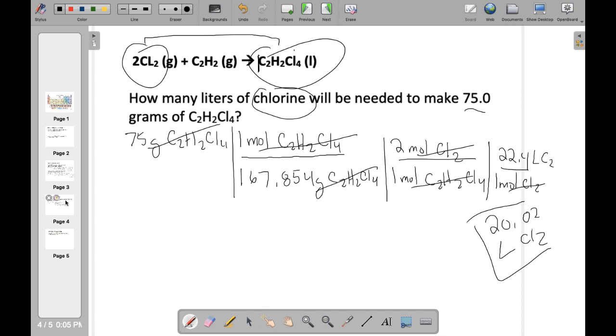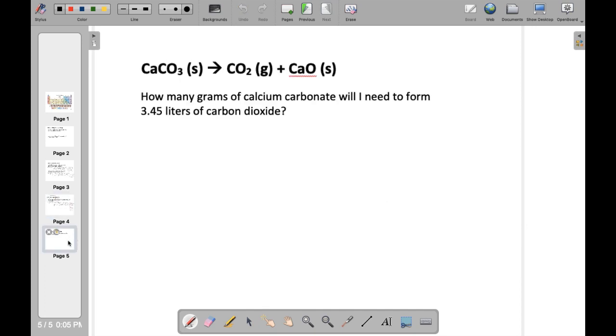Okay, last question. Yet again, they want to be tricksters. This is a solid, this is a gas, this is a solid. So we have calcium carbonate, CO2, carbon dioxide, and calcium oxide.